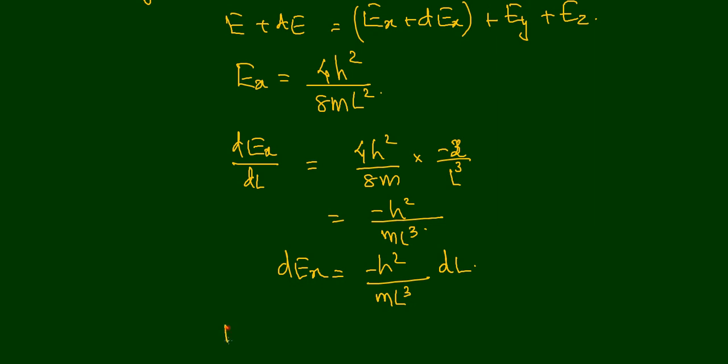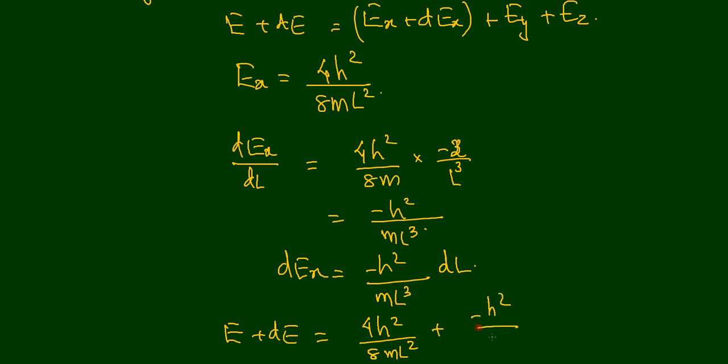Now we can substitute for Ex, dEx, Ey and Ez, then we will get E plus dE. Therefore the new energy E plus dE after distortion in the x direction is equal to Ex plus dEx. Ex is 4h² divided by 8ml² plus dEx, which is minus h² divided by ml³ into dl.